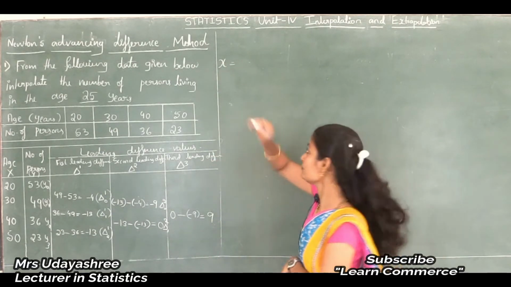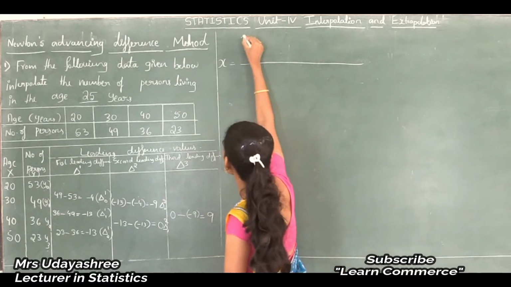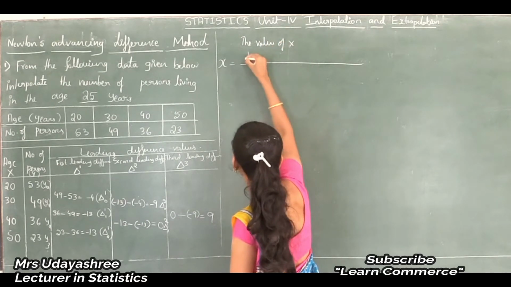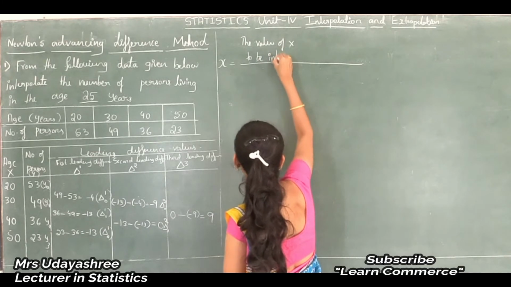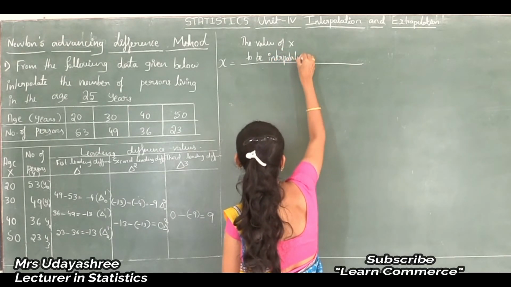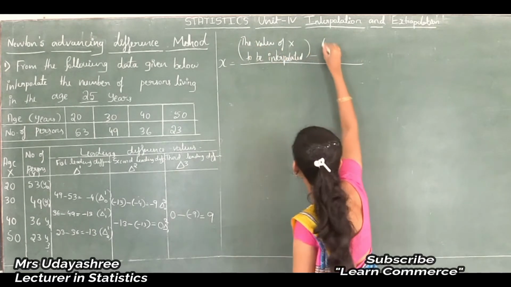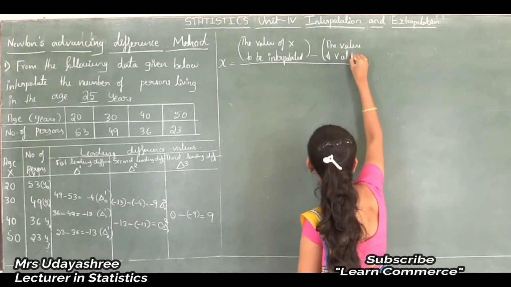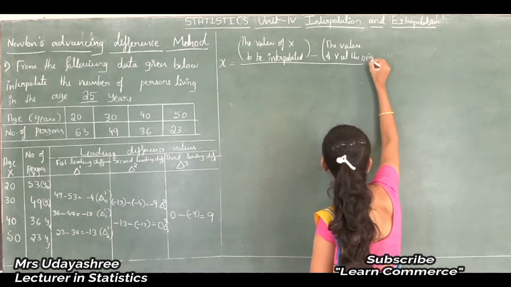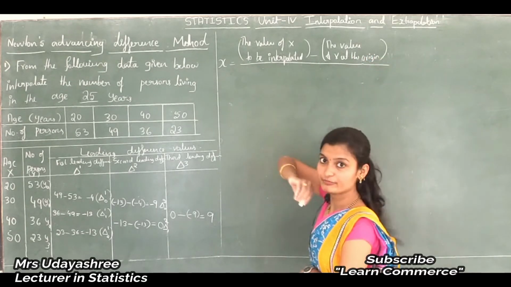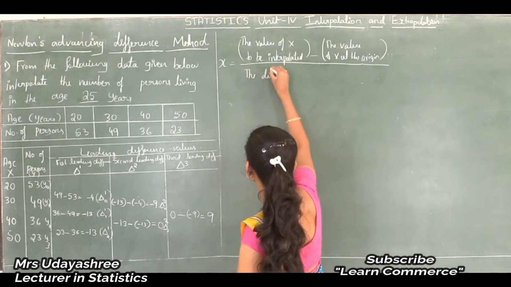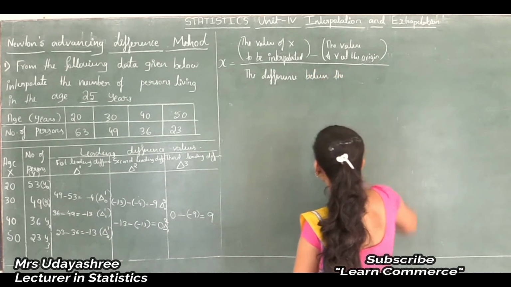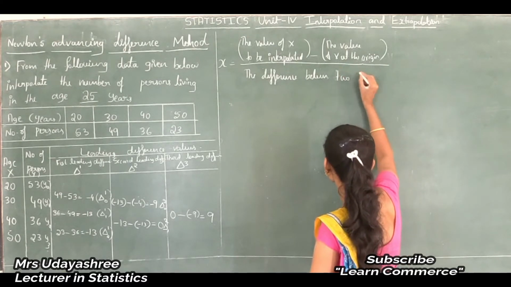To calculate x we need to use a formula: the value of x to be interpolated, minus the value of x at the origin, divided by the difference between two adjoining values of x.